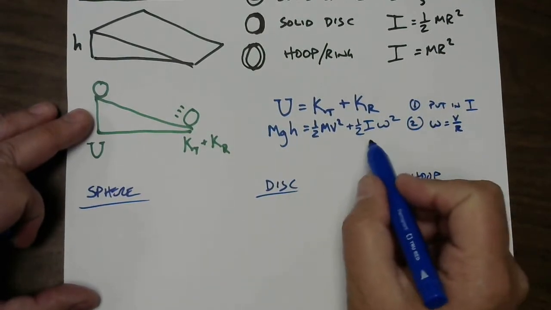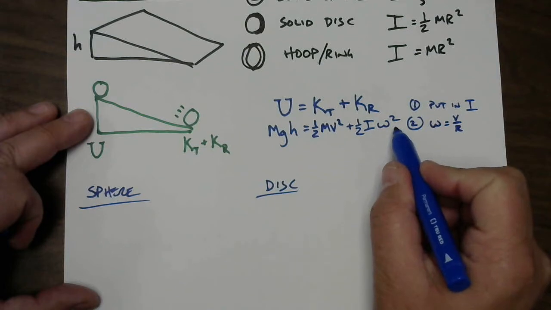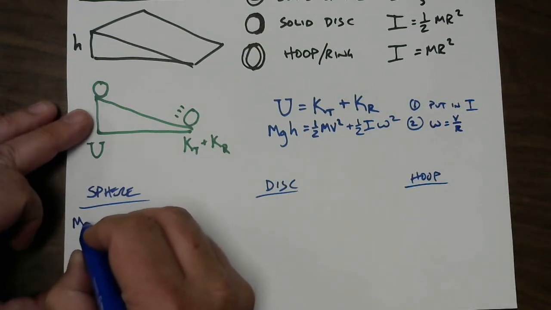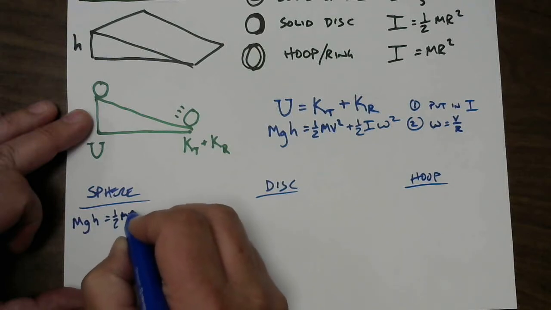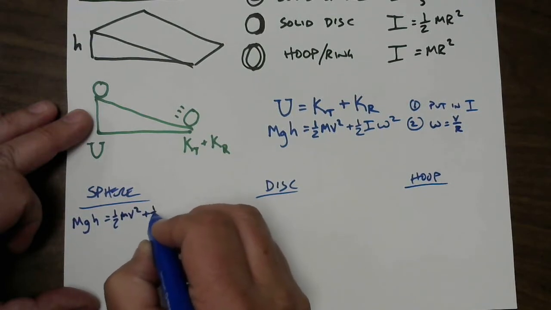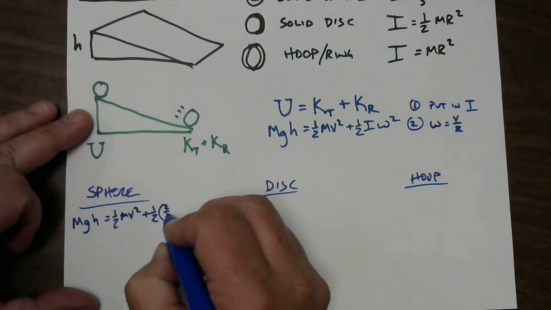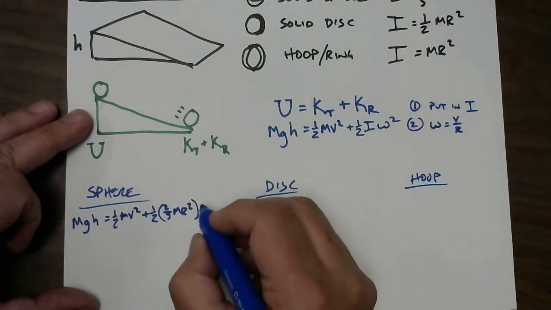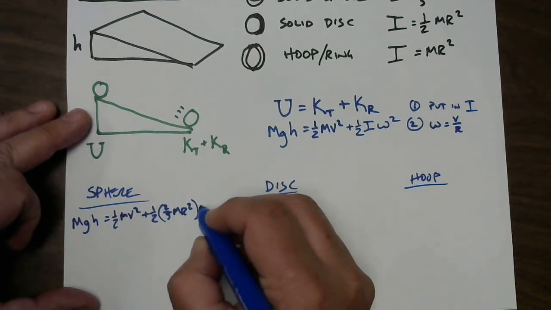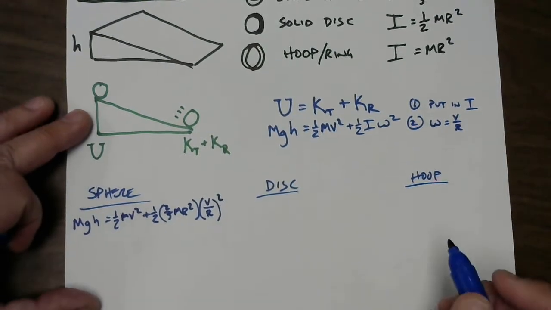And let's see if we have enough room to do the calculation. Here we go. Okay, using this as my starting point, mgh equals 1/2 mv squared plus 1/2 of 2/5 mr squared, that's the I, and then times omega squared, which is V over R quantity squared.